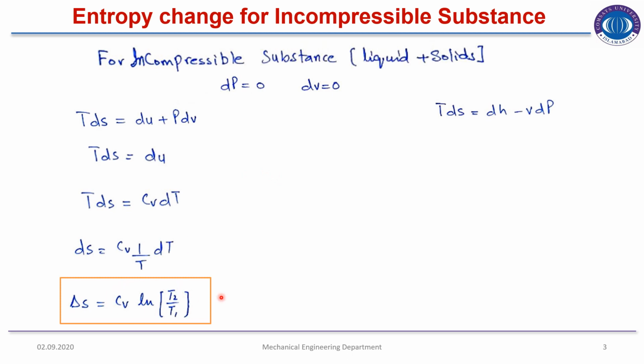Now we will find another relation for entropy change in an incompressible substance. That is also a relation that we have derived in the previous lecture: TdS is equal to dH minus VdP.